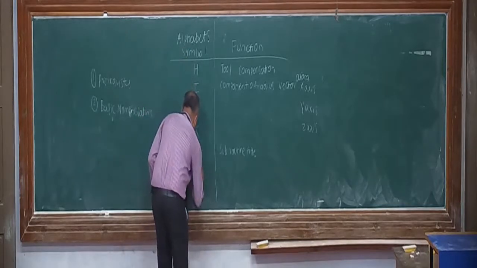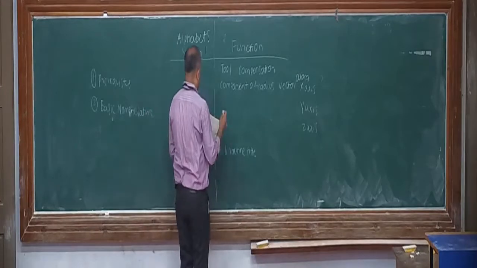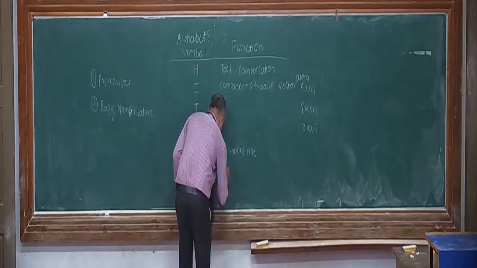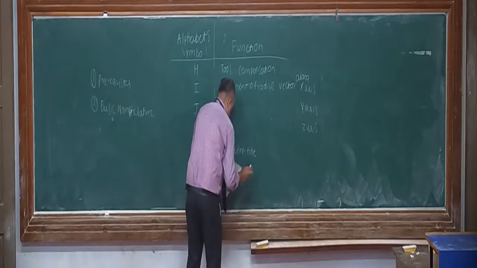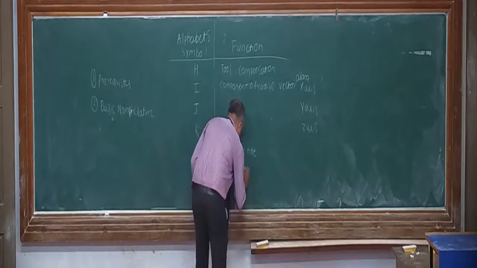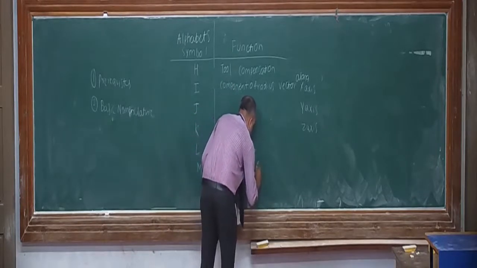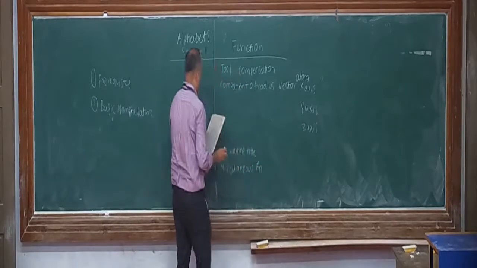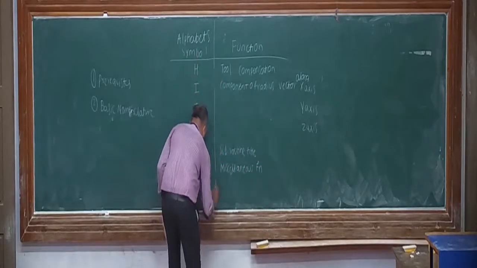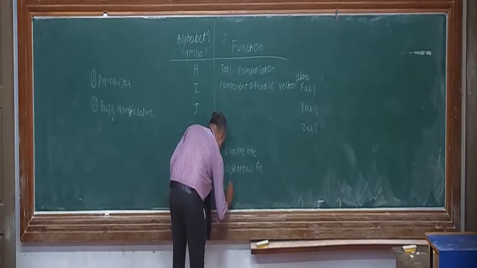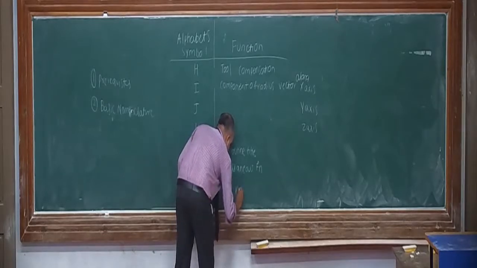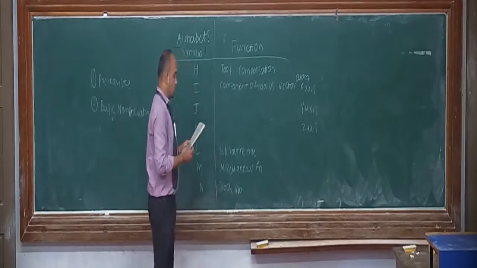But even then, it is better we understand this. Then M is a miscellaneous function. Then N is a block number.